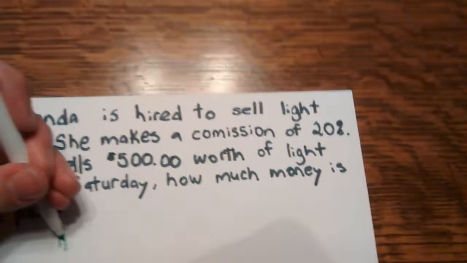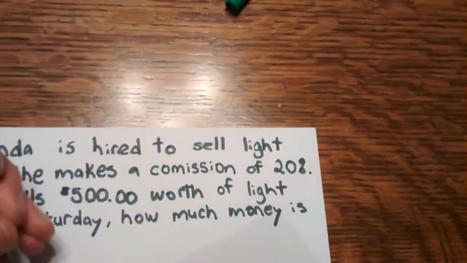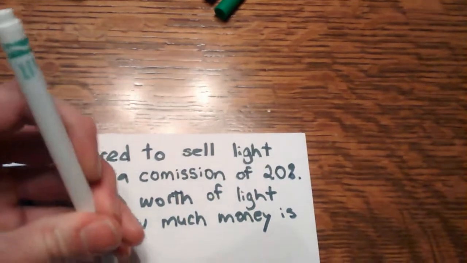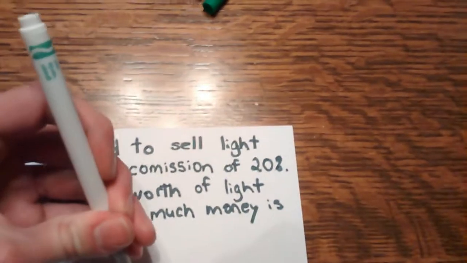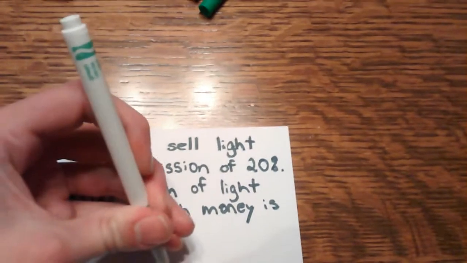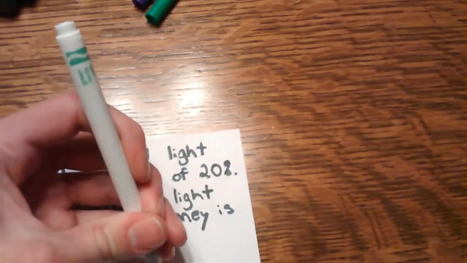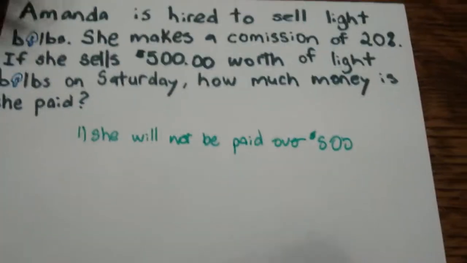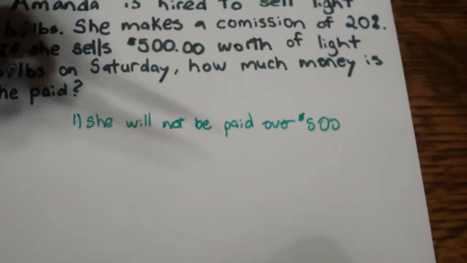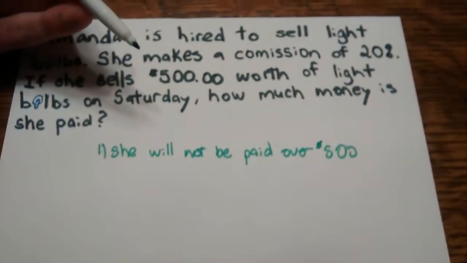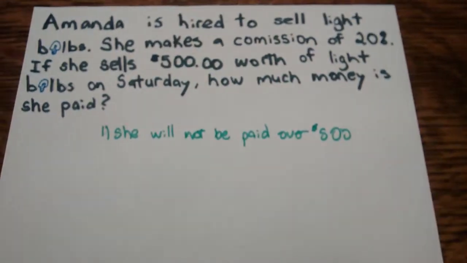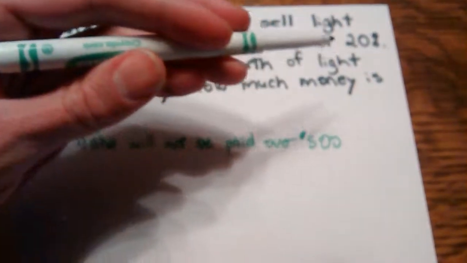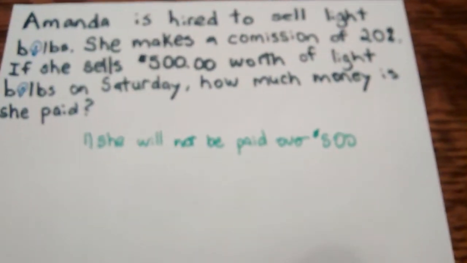For starters, she will not be paid over $500. There's no way someone working on commission can get paid over the amount of money they make. If they were even paid 100%, then that means she would get all $500 that she made. But since she's only getting 20%, I know she's going to get less than $500.